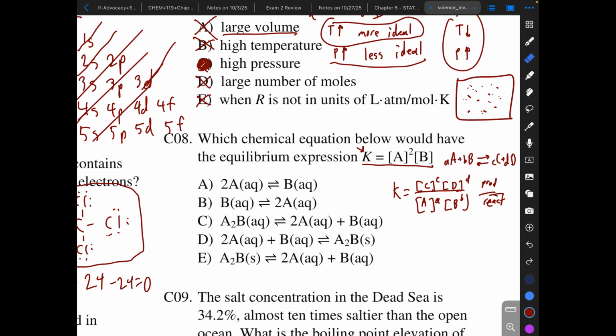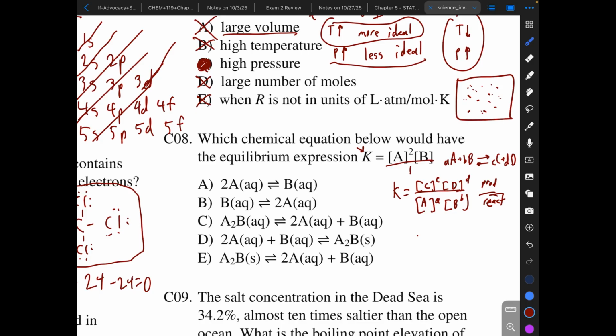So in this case, we don't have a denominator. The only thing we have is a numerator. What would that indicate? That would mean that the denominator is 1. The only way you can be involved in an equilibrium expression is if you are aqueous, so solids cannot be involved.